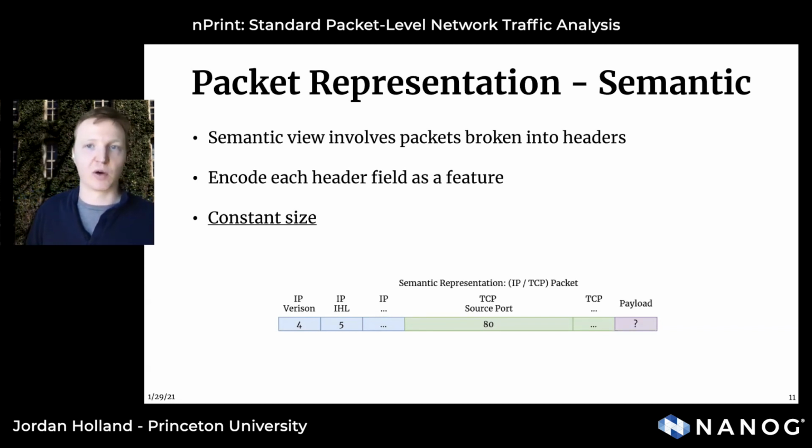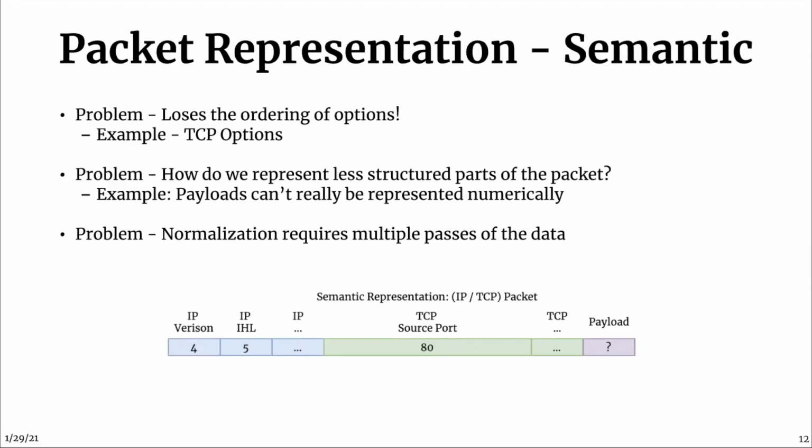Unfortunately, this doesn't quite get what we want. When we think about packets semantically and represent them to a classifier in a standard way, we actually lose a lot of information and have trouble with certain parts of the packet. The first problem is that we lose the ordering of TCP options, and not just TCP options, any really unstructured part of the packet.